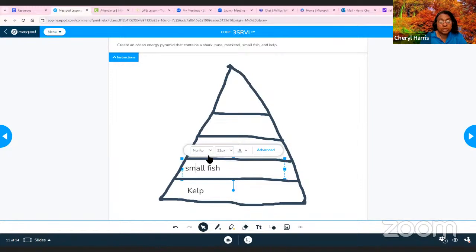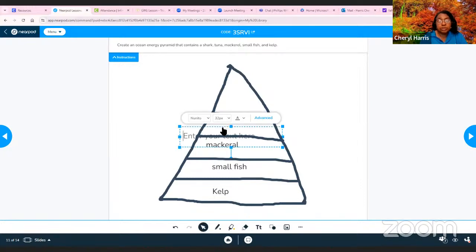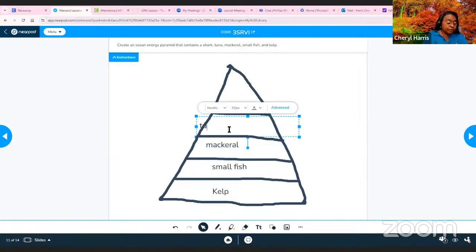So we want to center this so that it looks more like one word is on top of the other. Just so it looks neat. Then we put our tuna here. So this is what yours should look like when you're finished. And again, this asks you to do a pyramid, but you could still do this as a food chain.